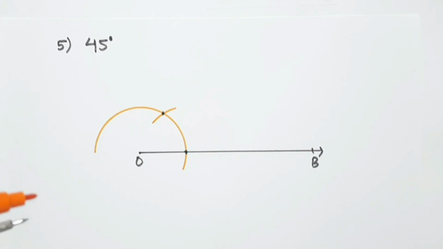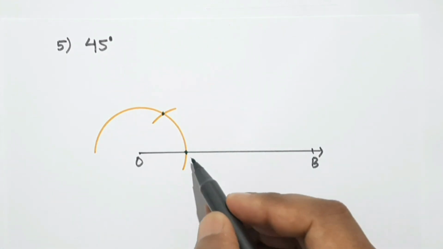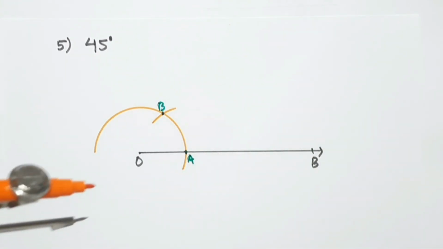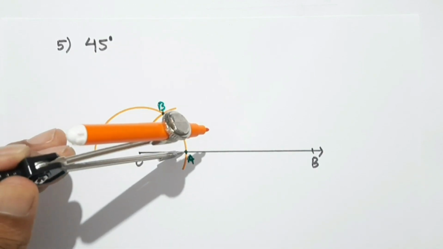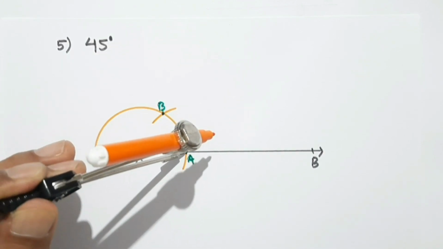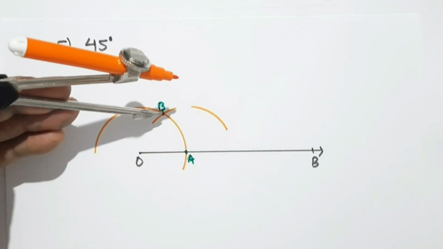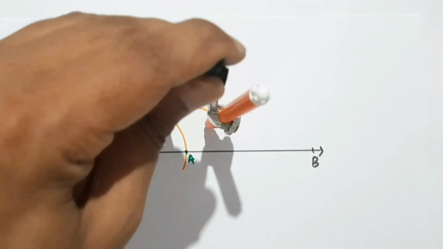We already know that to make a 30-degree angle, we will take these 2 points, this A and B. I'll make this A as a center and draw one arc here. Similarly I'll take B as a center and draw another arc here.